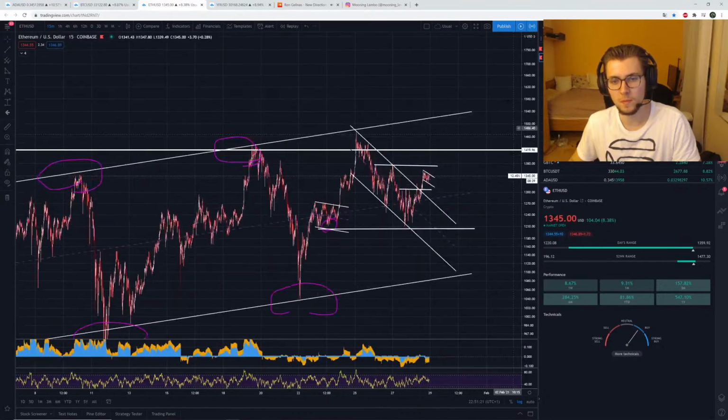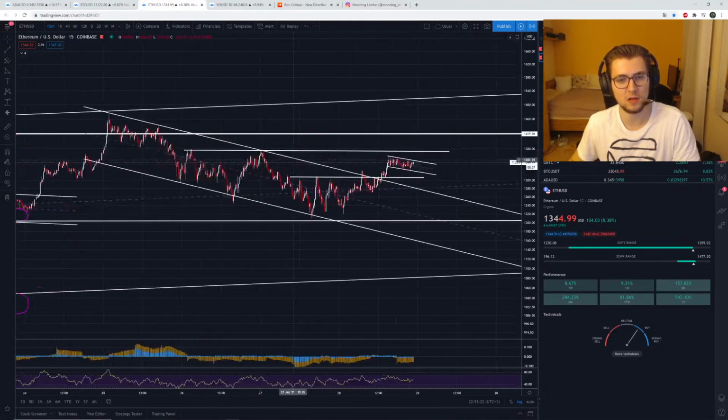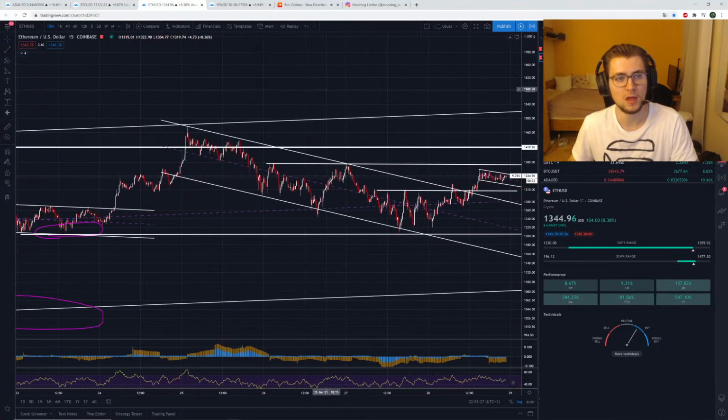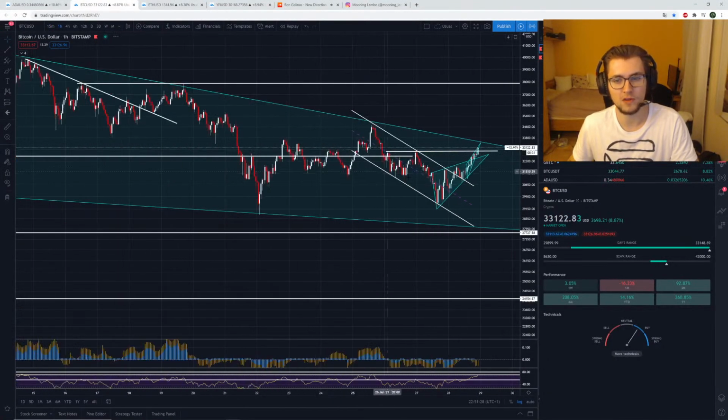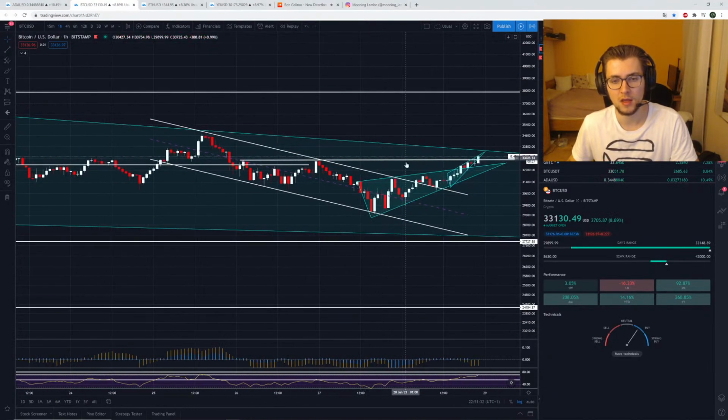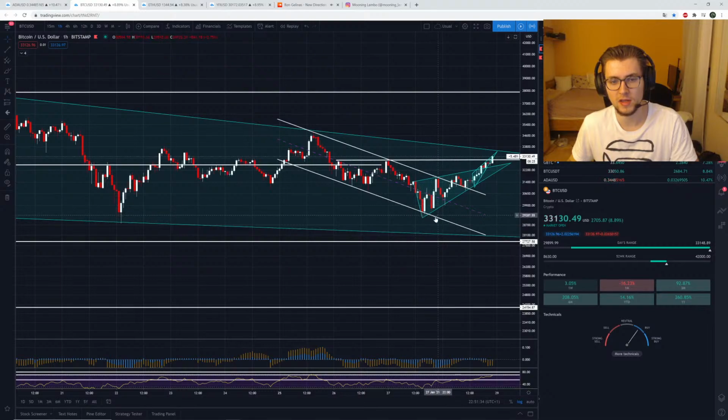So Ethereum had its descending channel where it formed lower highs and higher lows, and of course on Bitcoin something very similar happened where you formed lower highs and higher lows, and I thought this was already a very nice area to bounce off of, yet it did not break below 28,000.